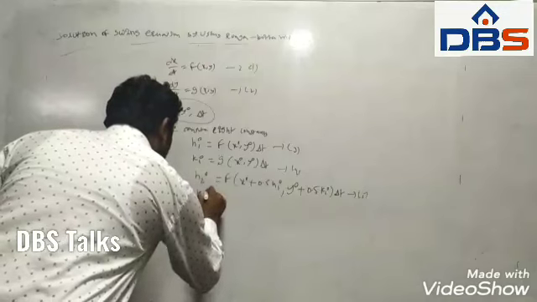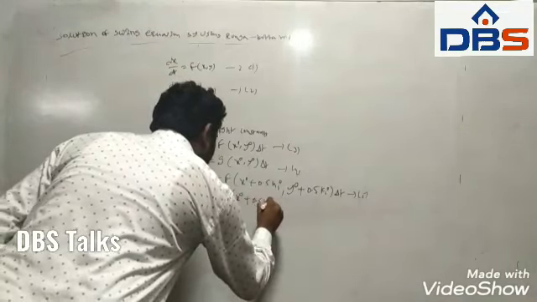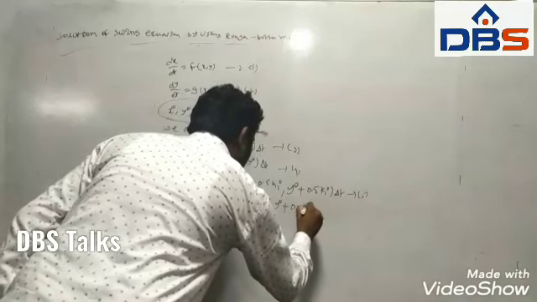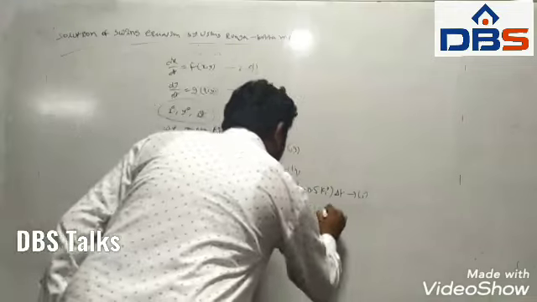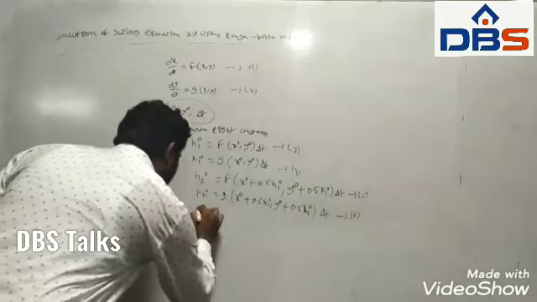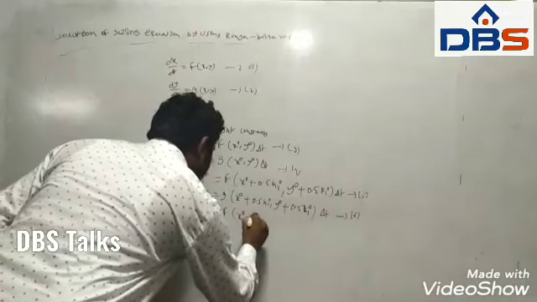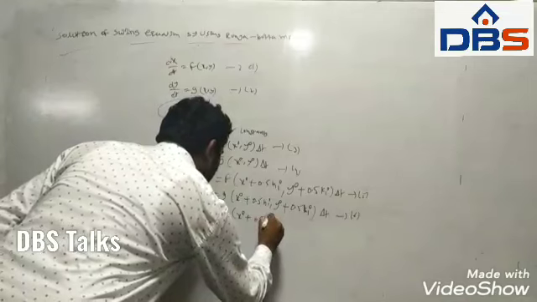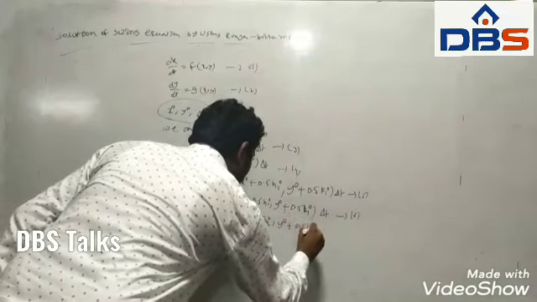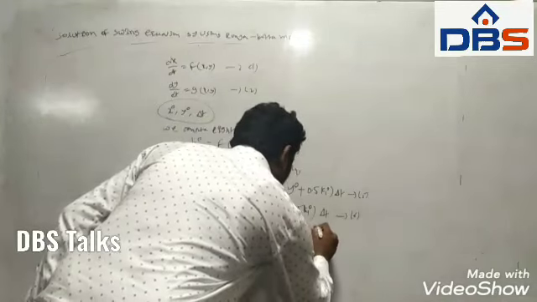And coming to k2 power 0, that gives g of x power 0 plus 0.5 h1 power 0 comma y power 0 plus 0.5 k1 power 0 into delta t. So treat this as a sixth equation. And coming to h3 power 0, that is equal to f of x power 0 plus 0.5 h2 power 0 comma y power 0 plus 0.5 k2 power 0 into delta t.